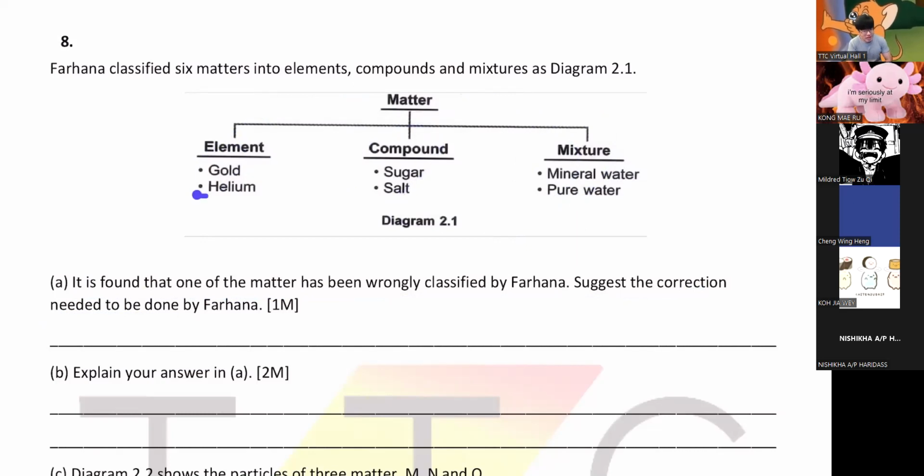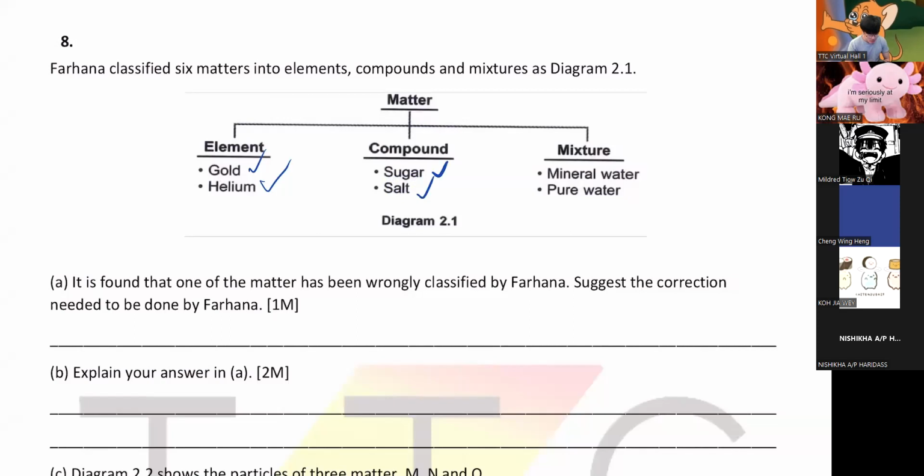Let's just look at the first one, element. Gold is correct because gold is an element. Helium is an element. You can find both in the periodic table. And then the next one, sugar and salt. Sugar is a compound. Salt is a compound. Right, so Ibrahim, I think you got it.